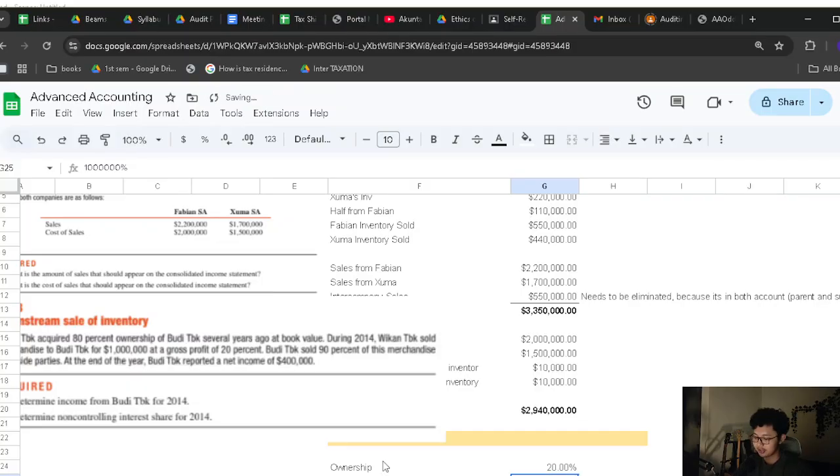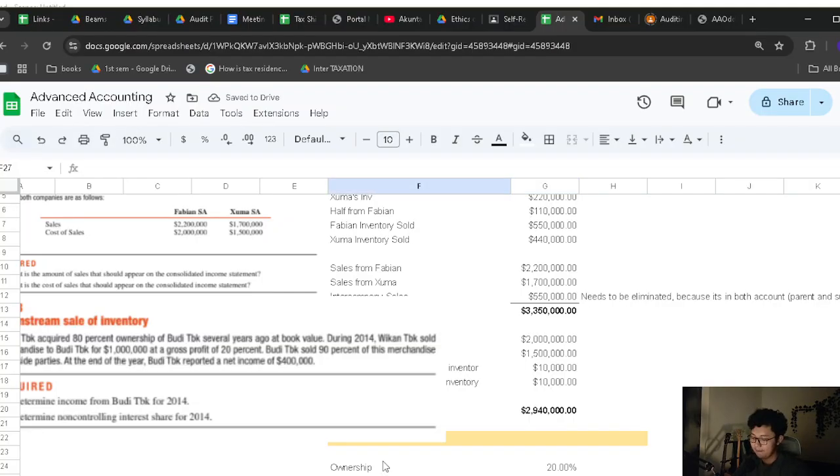That's not percent, it's dollar. 1 million, right, 1 million. Gross profit percentage, let's put it like that, of 20. So 20%. Oh, my bad. Okay, 20%.